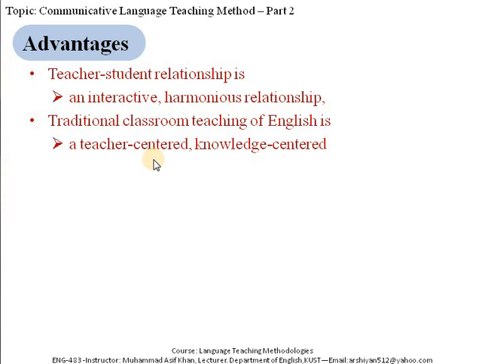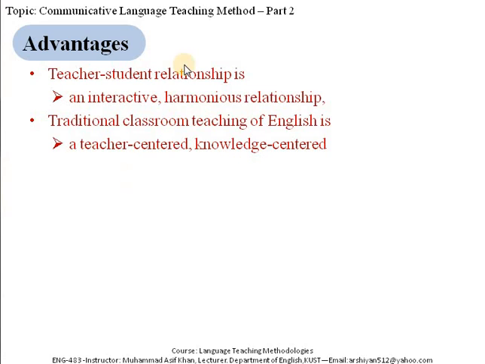So here there is a very interactive, harmonious relation between teacher and student, and it is not a teacher-centered class as we see in the traditional classrooms of the English language. Those classrooms were teacher-centered and knowledge-centered.